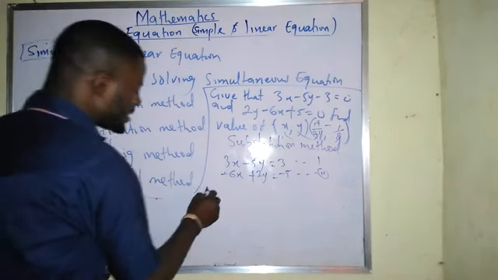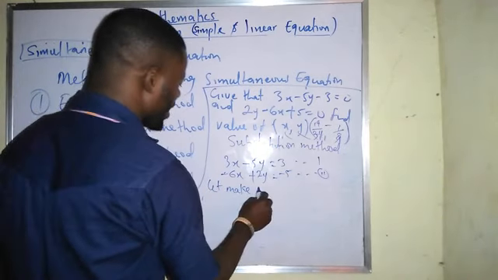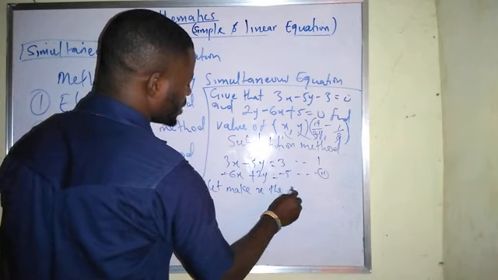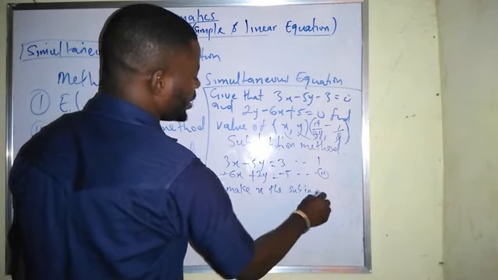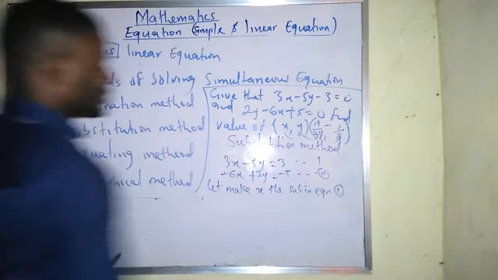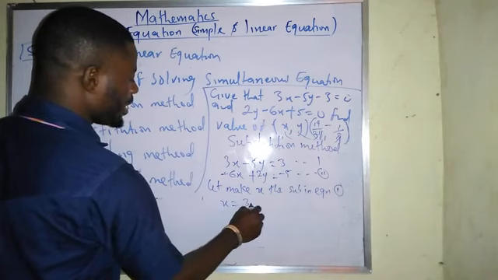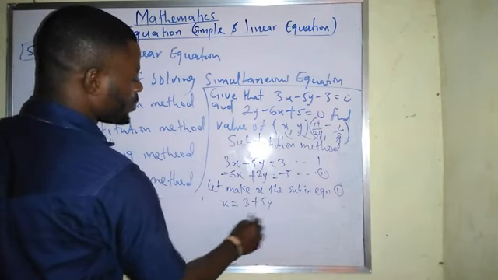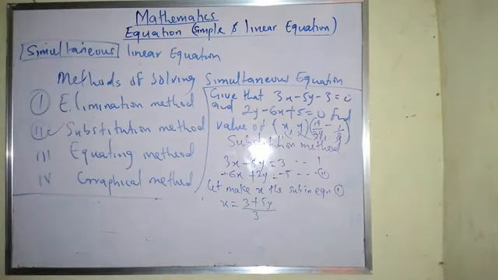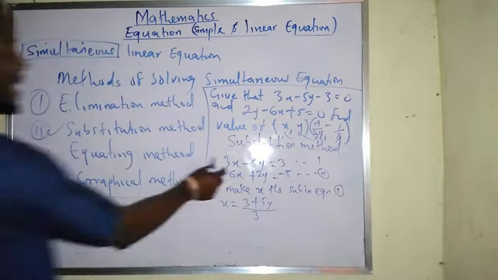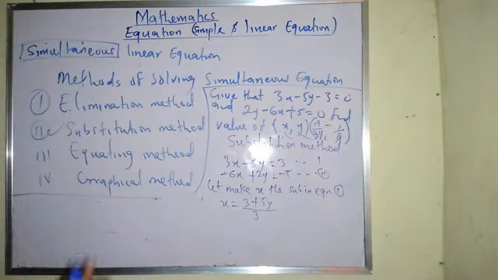Let me make x the subject in equation 1. x will be equal to 3 plus 5y divided by 3. That is my x. I let this one stand on its own, take it over, divided by 3, and I have that.